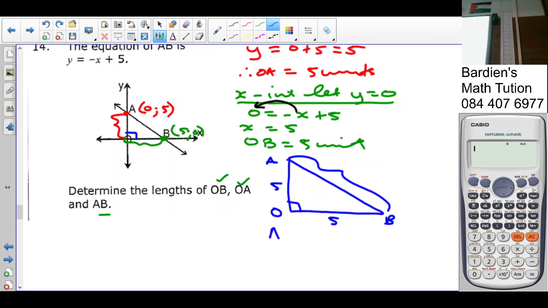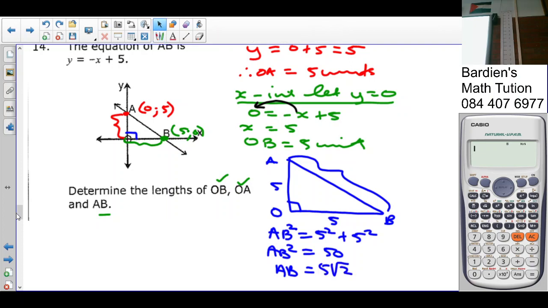So AB squared is equal to 5 squared plus 5 squared, which is 50. 25 plus 25 is 50. The square root thereof is going to be the square root of 50, or 5 root 2, or you can put it in its decimal equivalent, 7,07 units.